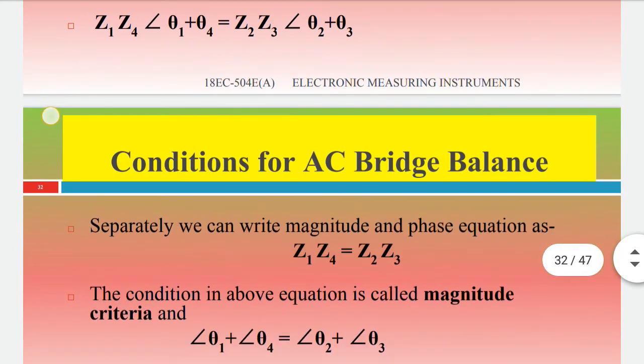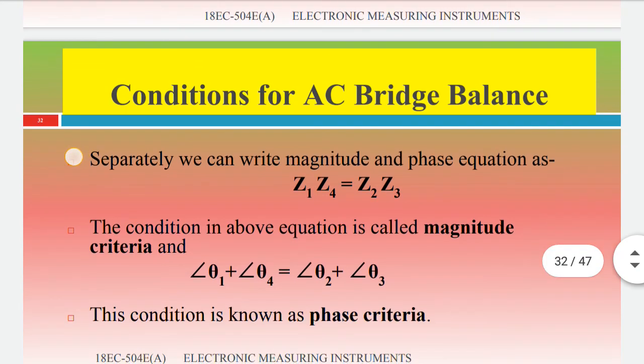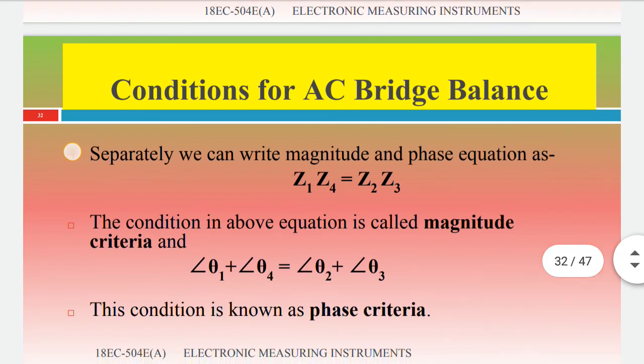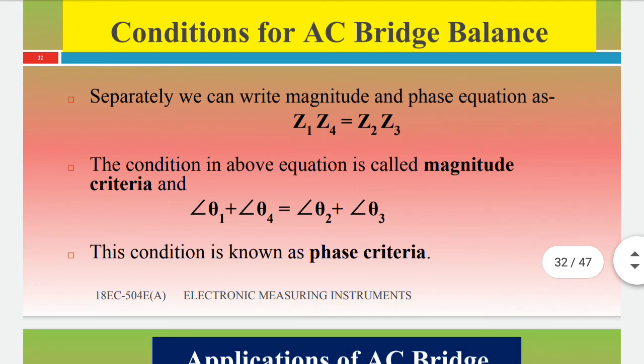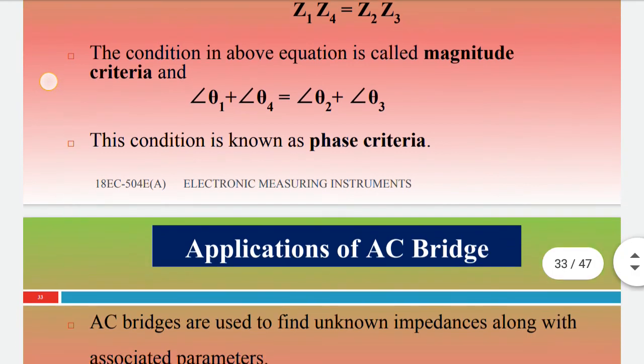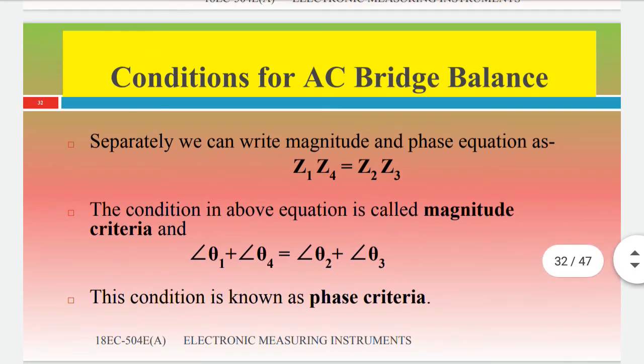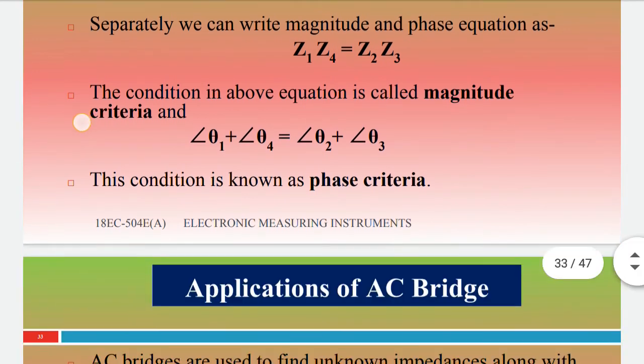Separately we can write the magnitude and phase equations: Z1 Z4 is equal to Z2 Z3, called the magnitude criteria, and theta 1 plus theta 4 is equal to theta 2 plus theta 3, the phase criteria. So for the AC bridge balance, both the magnitude criteria and the phase criteria must be satisfied.